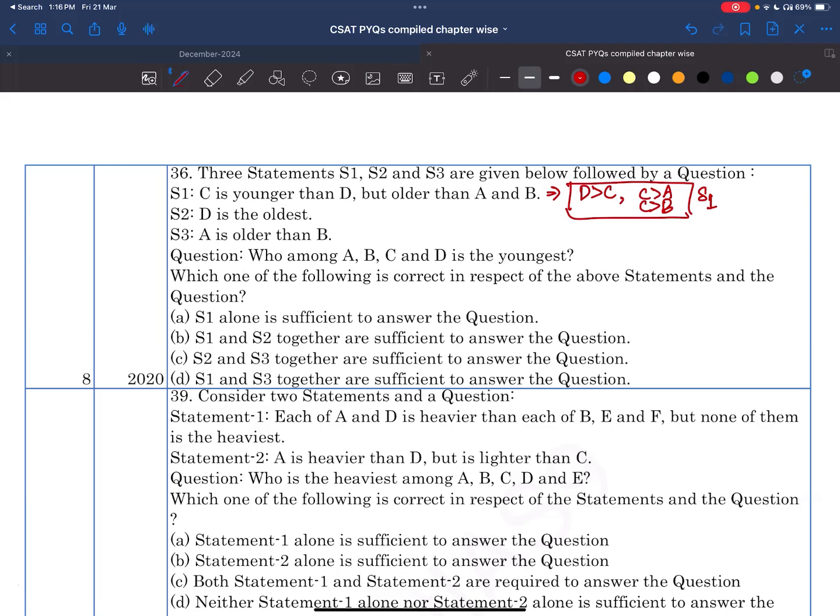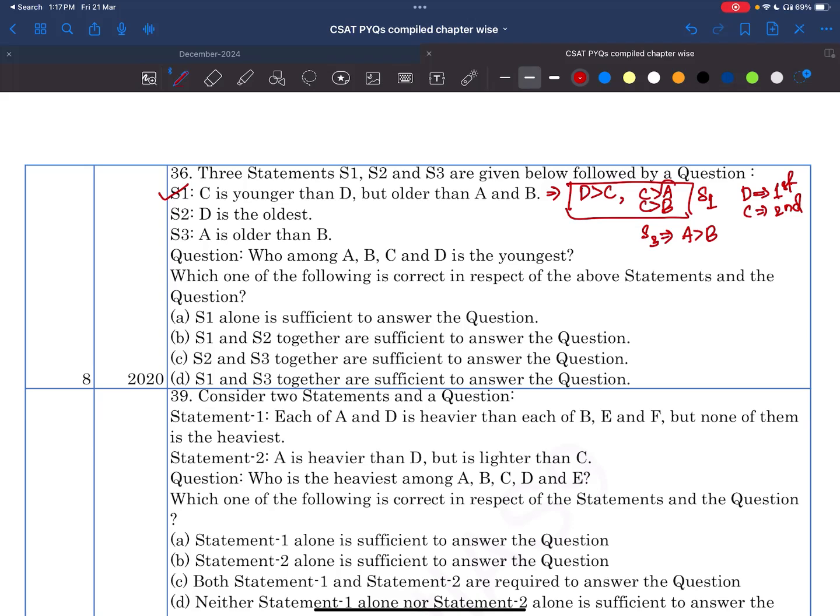Now, A is older than B. Okay, that is S3, A greater than B, right? Now, who among A, B, C and D is the youngest? If we take statement 1, we are getting that D is greater than C and C is greater than A and B. That means D is oldest, first one, C is second oldest.